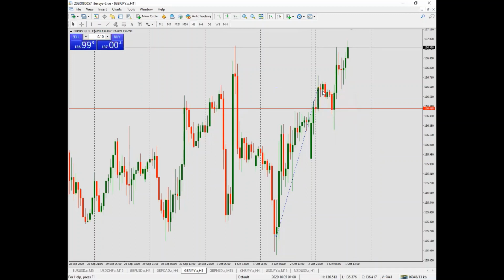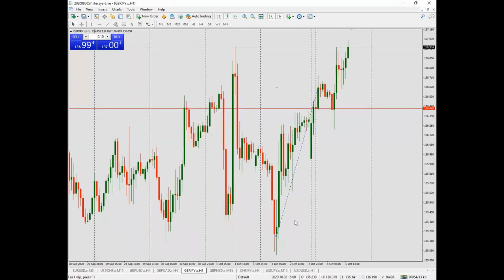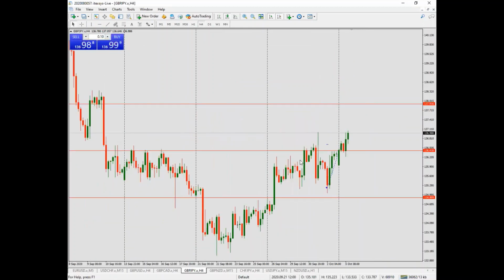For those who want to continue, it's also a good decision to continue with the price and take more profit until price reaches this supply here. So this is where I open the position, and this is where I close the position. And that's the reason.